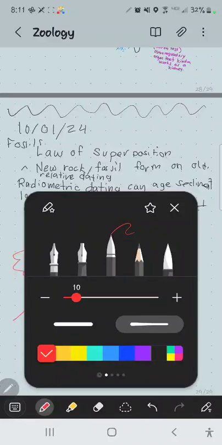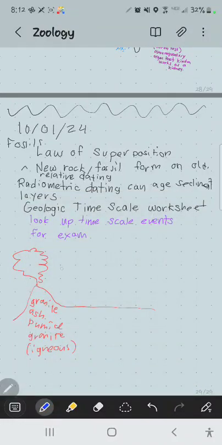And these layers, let me get a color that I can write with, these layers are called sedimentary rock.